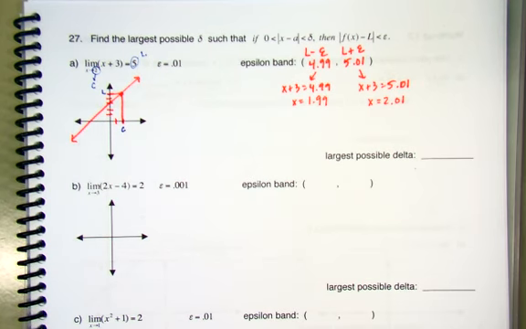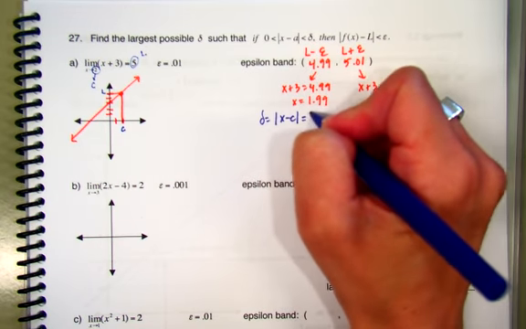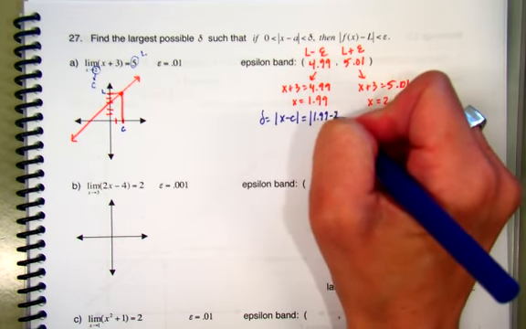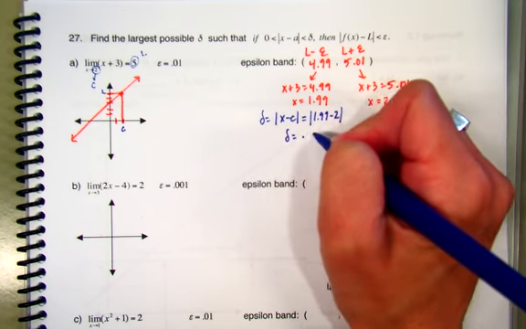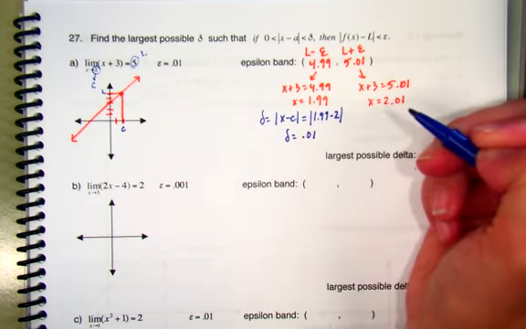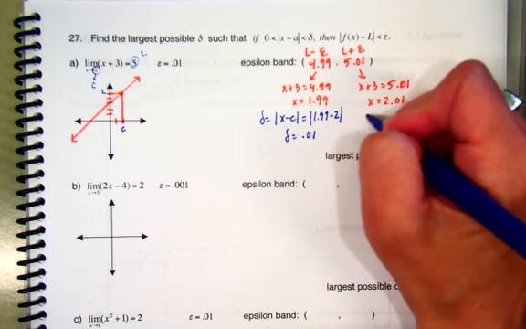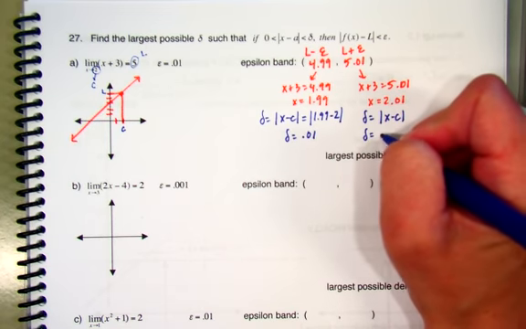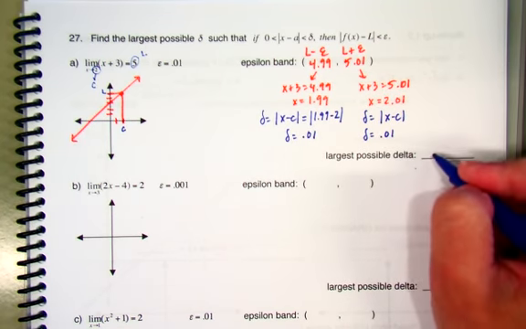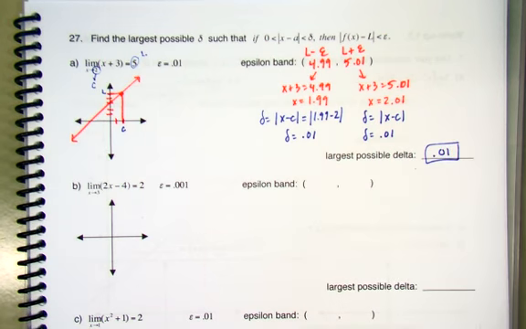Okay? Oh, these are nice. It just asked you for delta, not the whole band. Done with number 1.